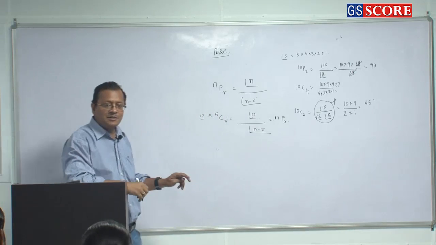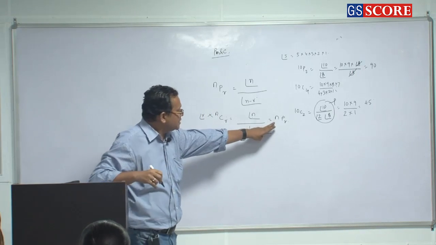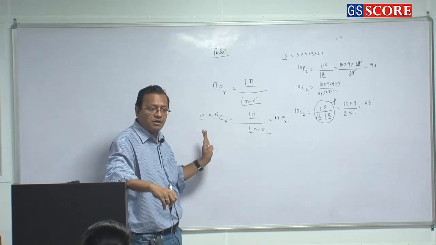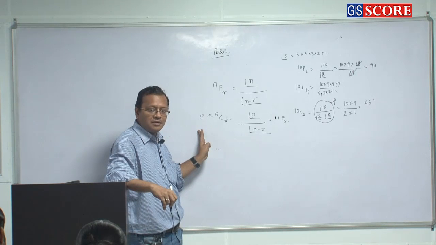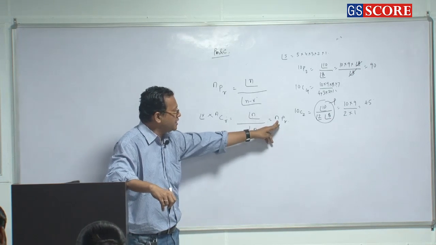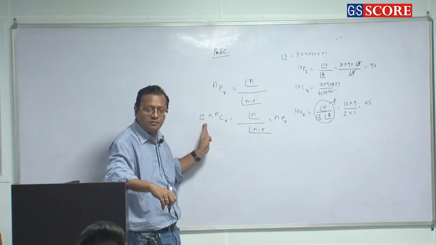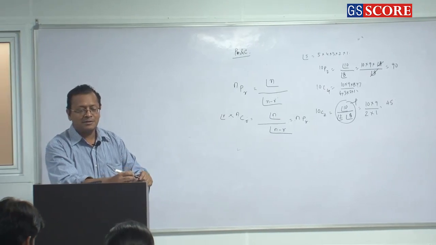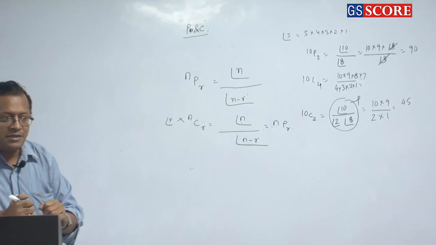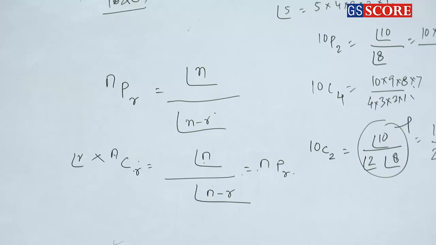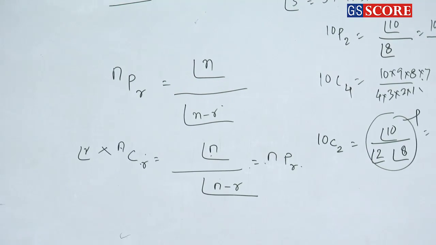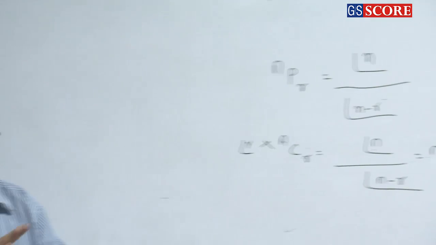Which means the number of arrangements is more than the number of selections. The number of arrangements is obviously a multiple of the number of selections, which means every problem in permutation combination is basically a question of combination or selection only. Selection when arranged becomes permutation.